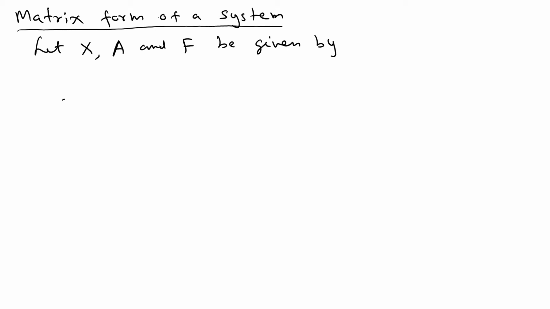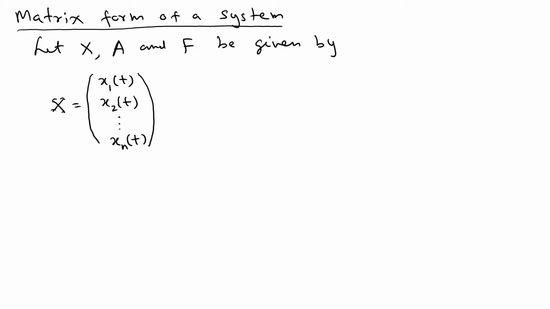Let's say x is a vector. For the components, we're going to pick those dependent functions. So x1, that's the first component, which is a function of t, and x2, the second component, like that. And then we have xn, the nth component.